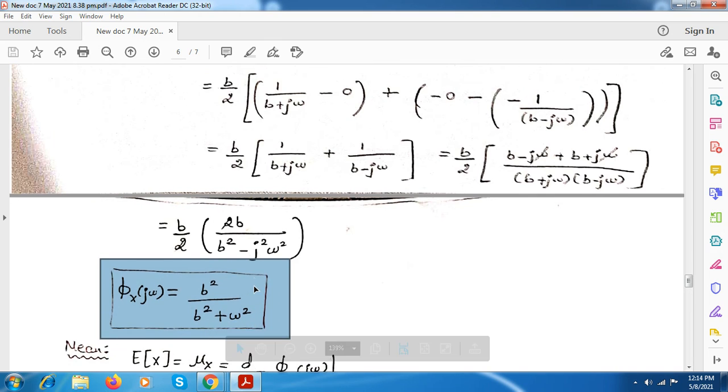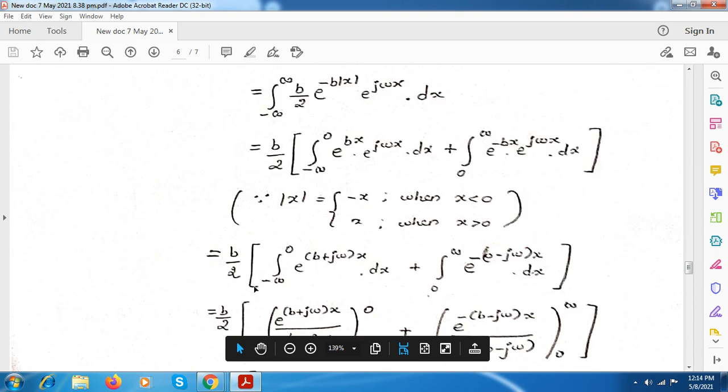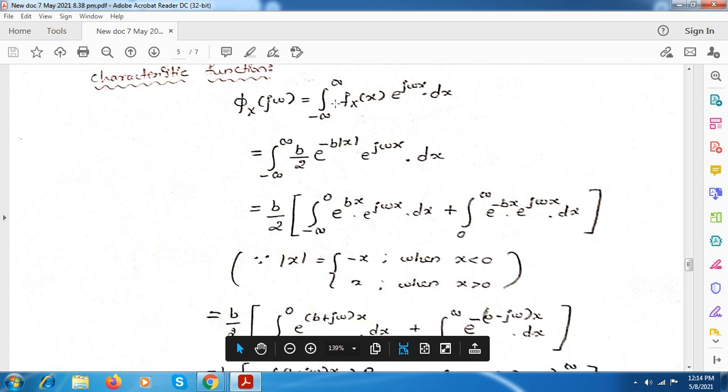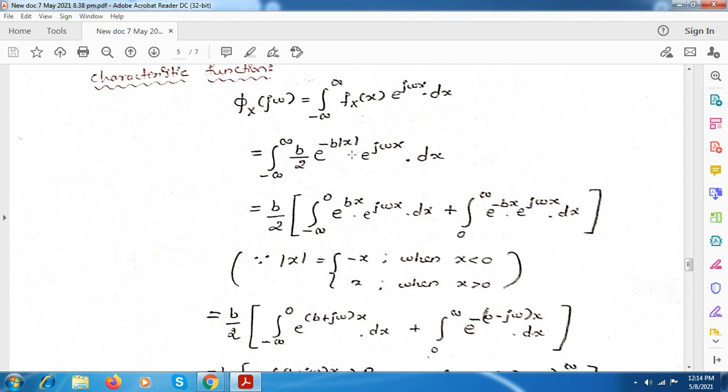So just take down this derivation. Here this fx of x, you have to substitute as e raised to minus b mod x. Then you have to split this integration, that is from minus infinity to 0. Here the x value will be less than 0, that is on the negative side.